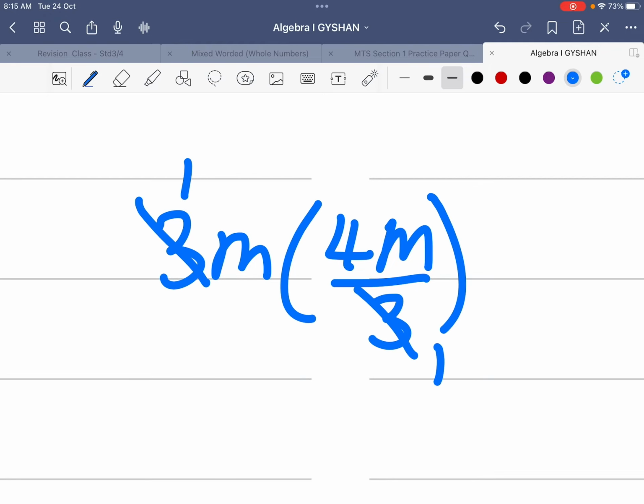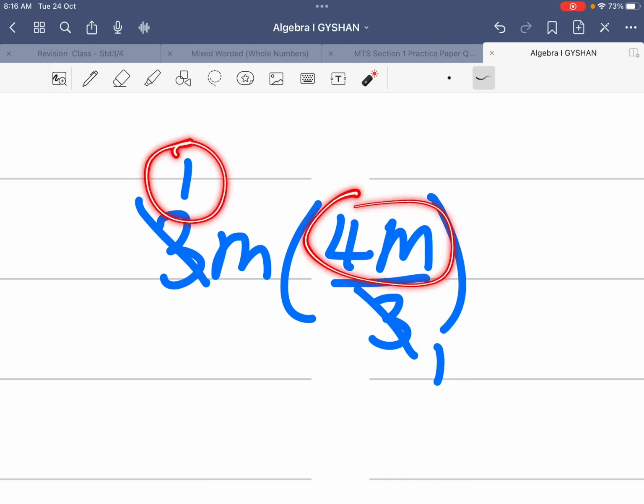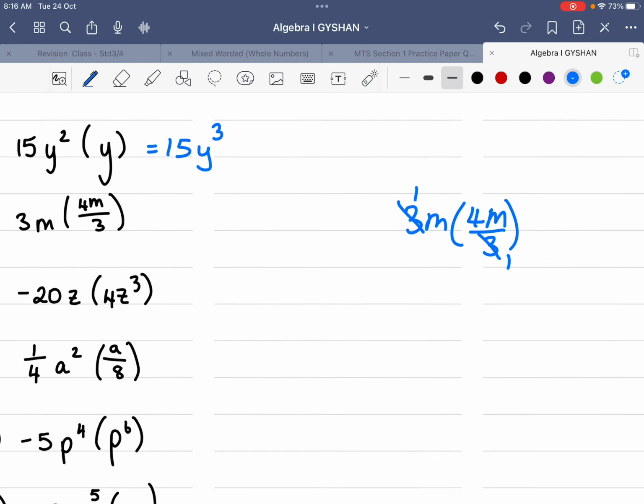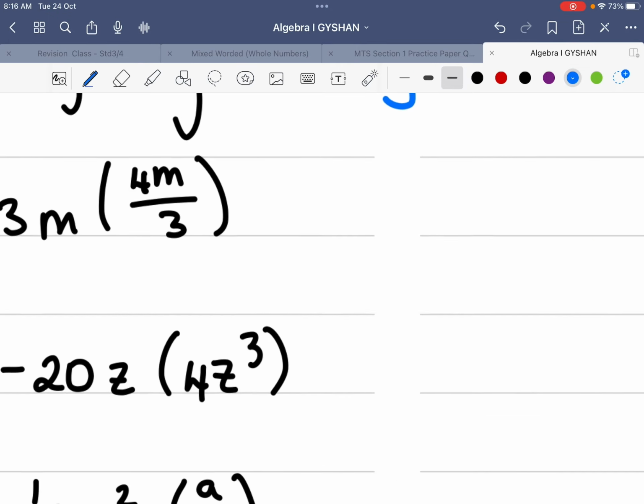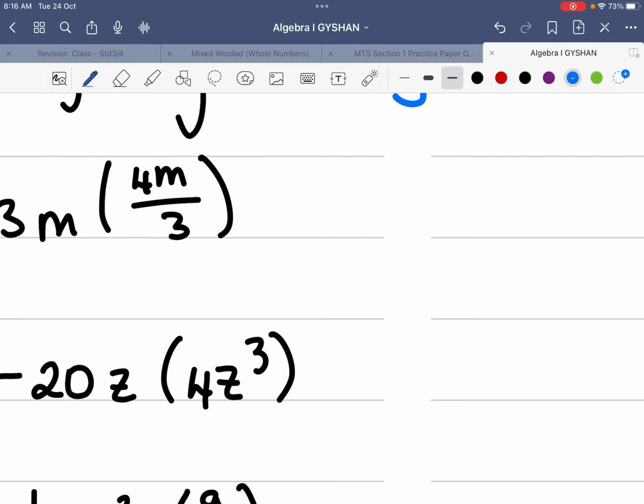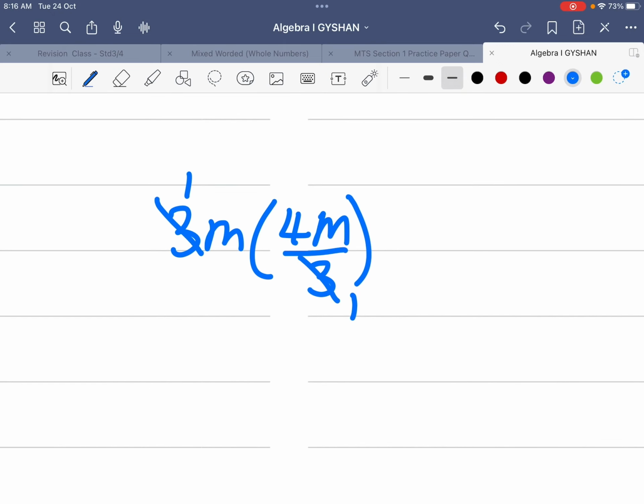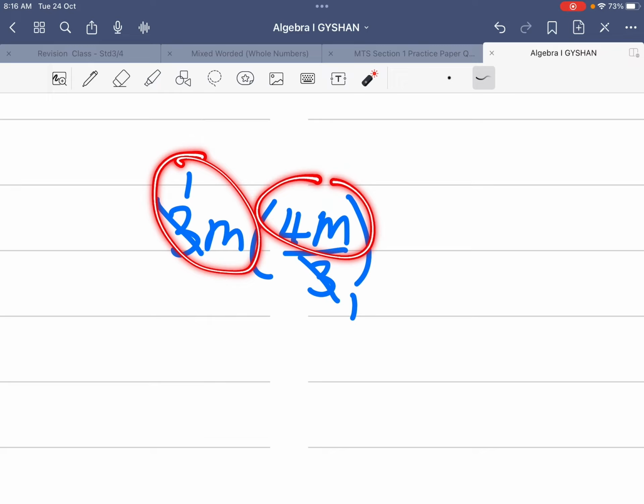So we can cancel. We can find one number that can divide the numerator and denominator. So now we have 1 times 4m, which is 4m. Sorry, I forgot this other m here. So it's 1m times 4m is 4m squared.